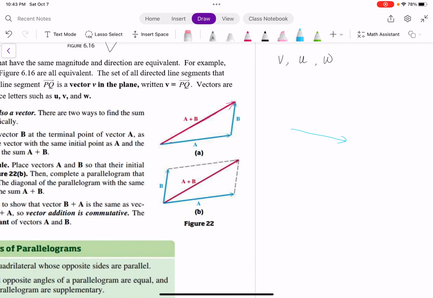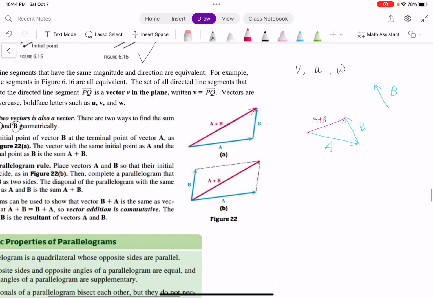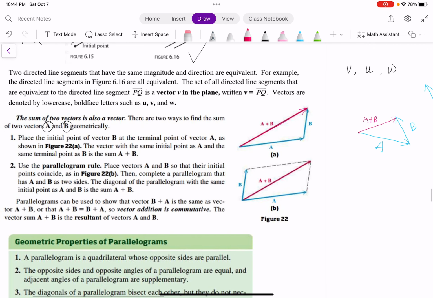Then I move them to the correct position. Then line up the initial of the A and the terminal end of the B. So this is A plus B. We also create the triangle. Another method to form a resultant of A and B, or the sum of A and B, is the parallelogram rule.